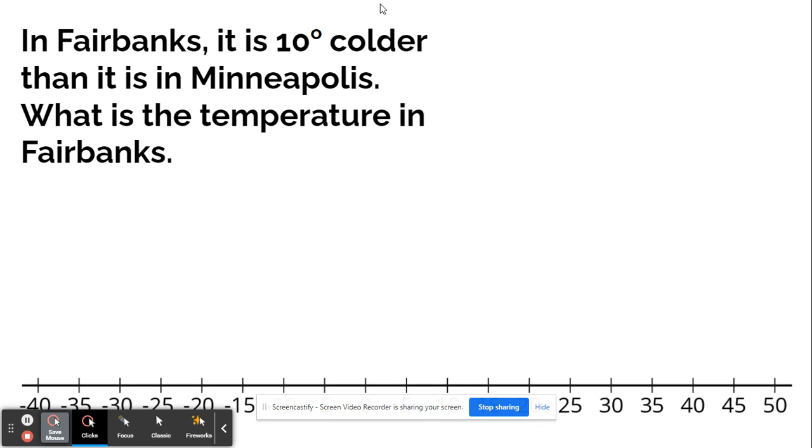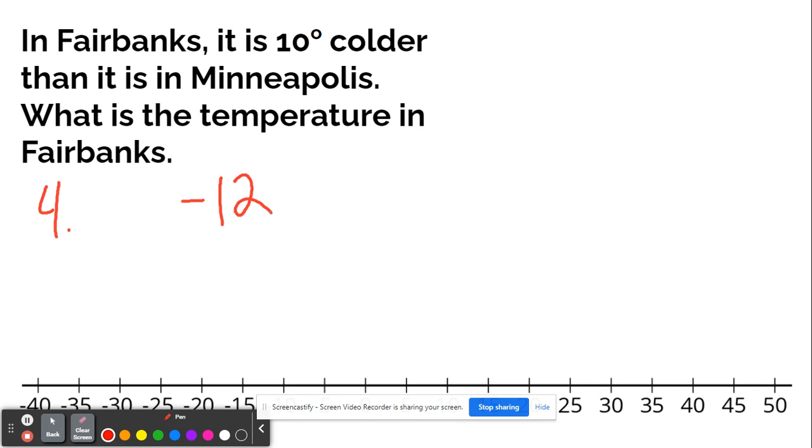All right, in Fairbanks, it is 10 degrees colder than it is in Minneapolis. What is the temperature in Fairbanks? Well, we know that Minneapolis is negative 12. We just did that one. So again, this is question 4. We know Minneapolis is negative 12. And so I don't screw it up this time, I'm going to put the addition sign right away.